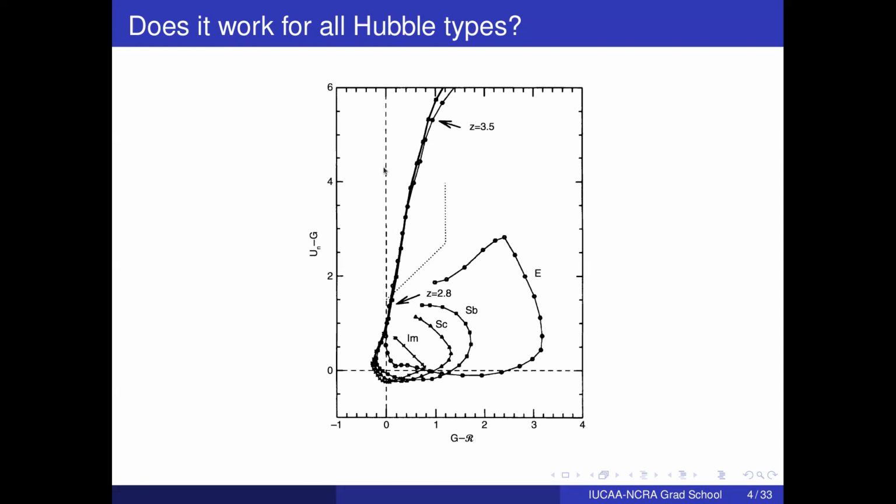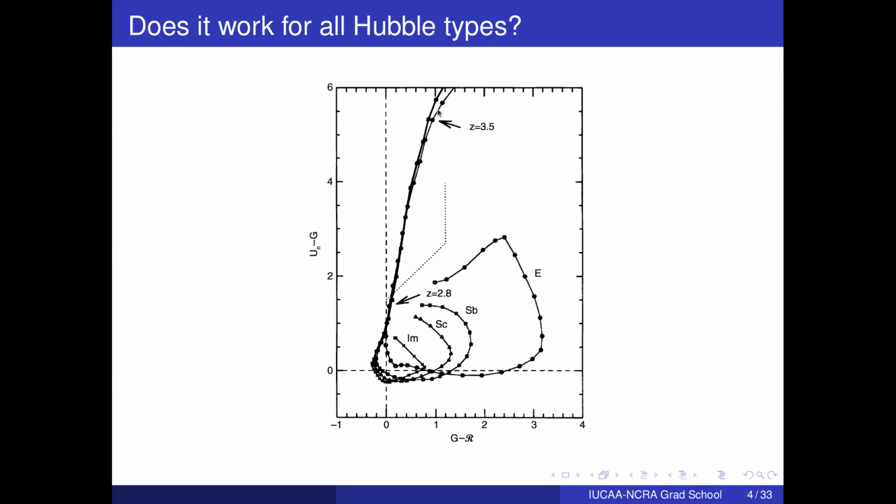Suppose you say that I'll select all galaxies which lie in this region of color space. What will happen? You will pick up all galaxies which lie between, say, redshift 2.8, 2.9 to redshift 3.5 or maybe 3.6. Whatever galaxy lies in that redshift range, you will pick up.